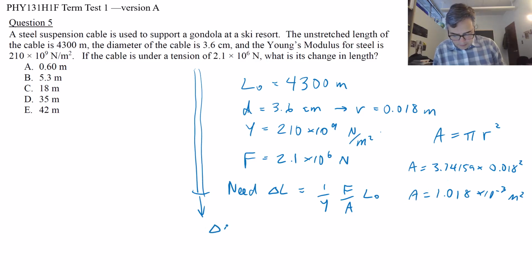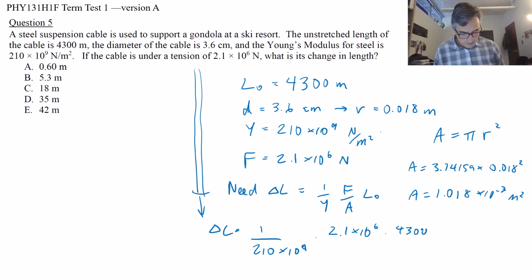And so delta L is just going to be 1 over 210 times 10 to the 9 times the force here, 2.1 times 10 to the 6, times the length, 4,300, and then divided by the area, which is 1.018 times 10 to the minus 3.